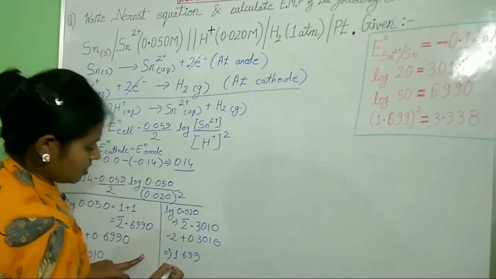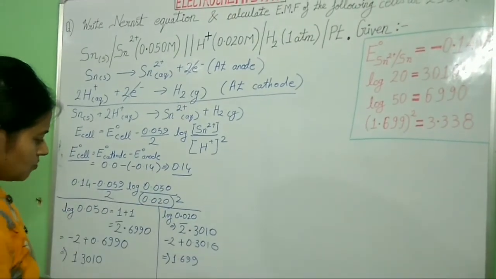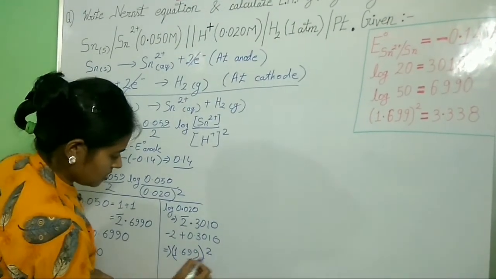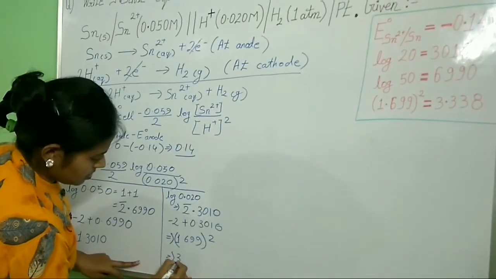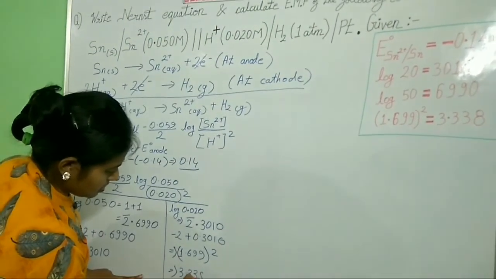1.699. Now I have to square it, so 1.699 squared is 3.338.